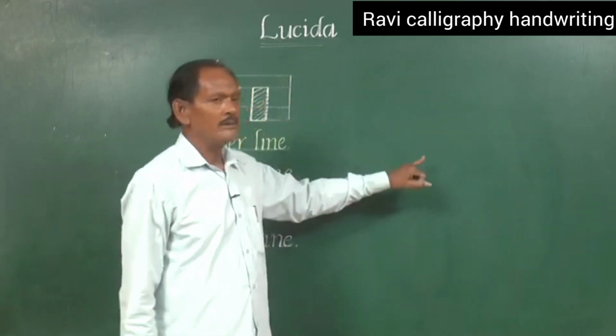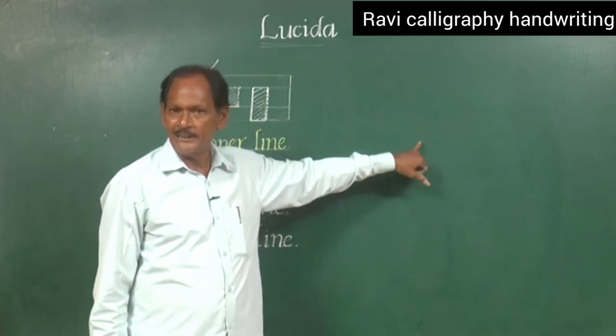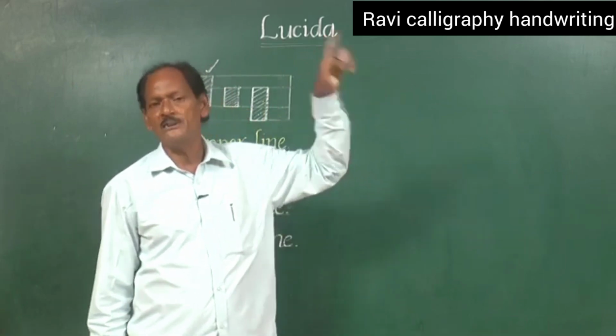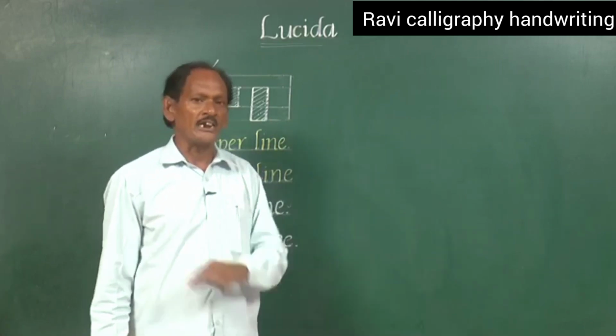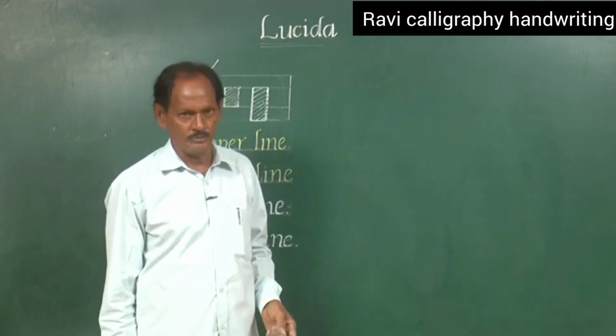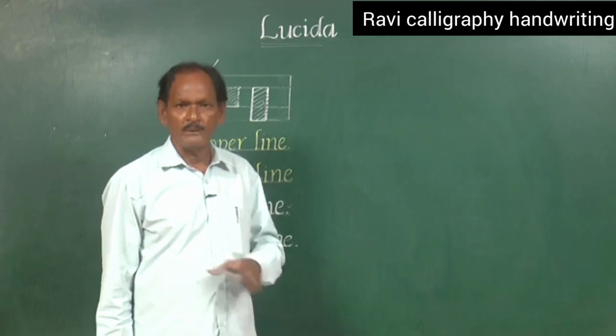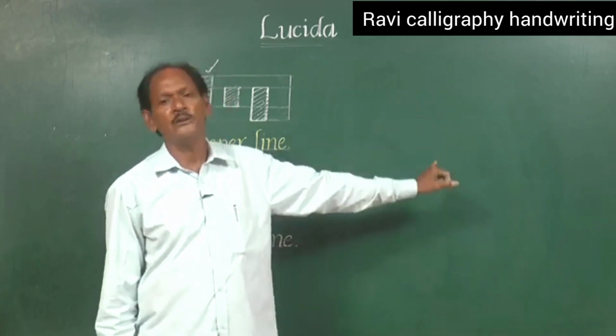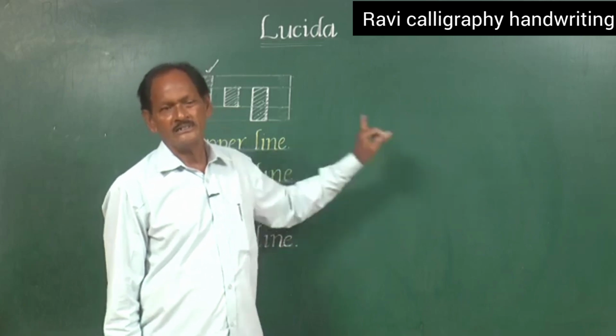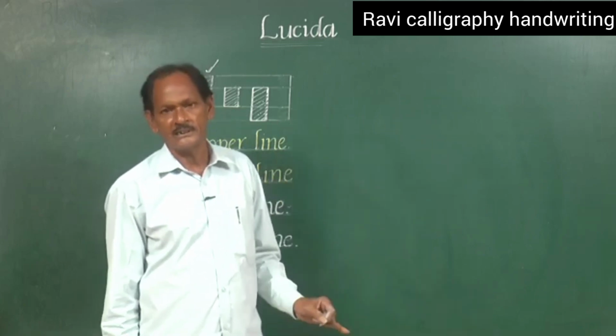And whenever we are writing, even in the middle of the paragraph, the names, it means nouns of particular places, persons, those are written in the capital form. The remaining letters are written in the small form only. That is why the small letters are very important.